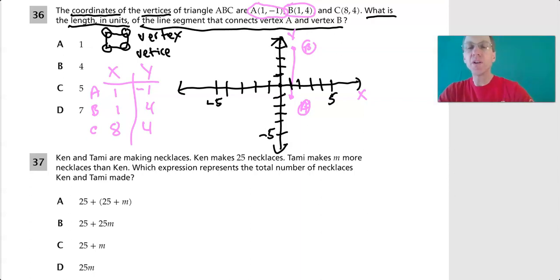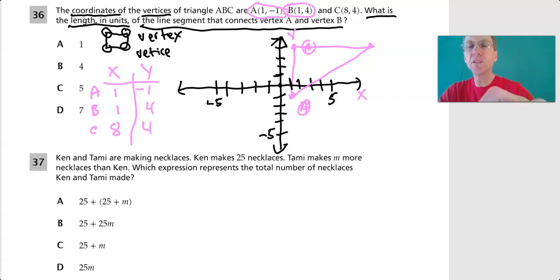Remember, there's another one way out here, C, which is like 5, 6, 7, 8, and then it says go up 4, so maybe it's out there. But we don't have to worry about it. That's what our triangle looks like, but we're just looking at B and A.